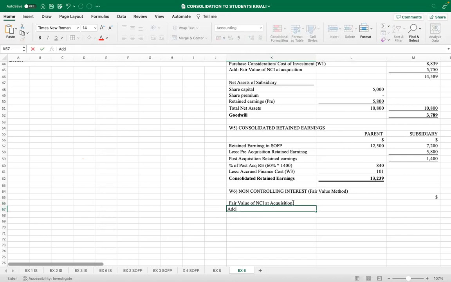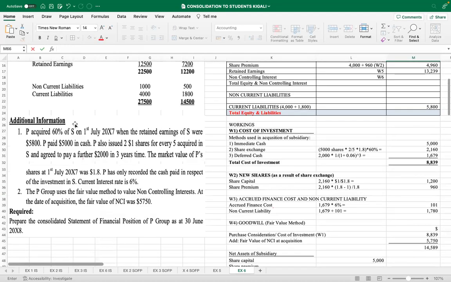You add post-acquisition retained earnings, but the non-controlling of the NCI, non-controlling interest, which is equal to 40%. So the fair value of NCI at acquisition was given in the question.